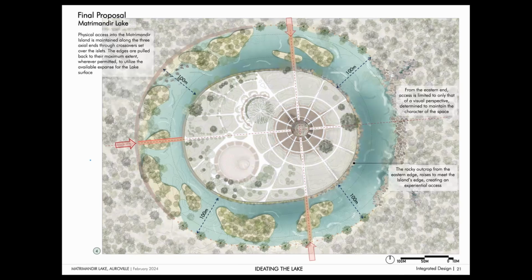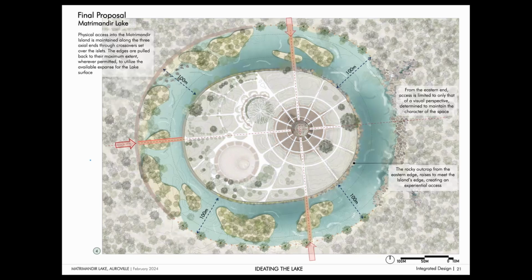Now, dimensionally, you will notice on this drawing that there are a few points where we have stretched the lake to the maximum extent that is possible, to 100 meters. Whereas in many other cases, either the lake edge itself shrinks inwards or is articulated through a series of islands.